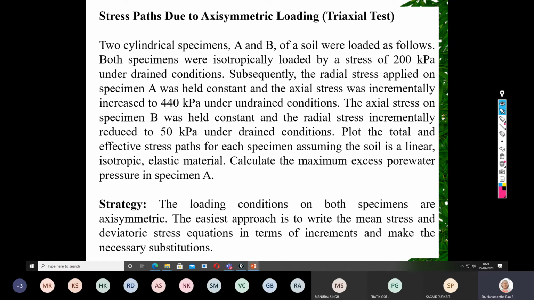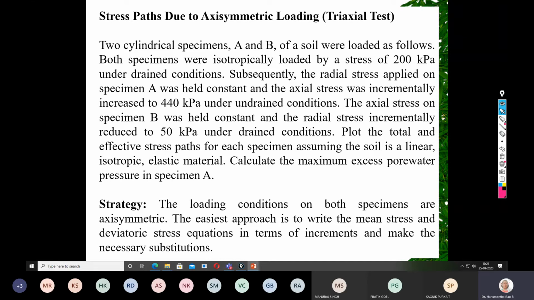Subsequently on sample A, sigma 3 of 200 kilopascals was kept constant, but sigma 1 was increased from 200 kilopascals to 440 kilopascals. When the load is increased in the axial direction from 200 to 440 kilopascals, the drainage valve was closed. So from 200 kilopascals onward, the pore water pressure started developing on sample A. On the other hand, on sample B, sigma 1 was kept constant at 200 kilopascals.